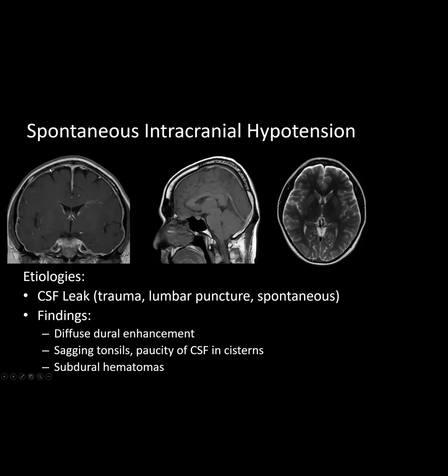So the diffuse pachymeningeal enhancement is something everyone could see. When you have a CSF leak from trauma, with rhinorrhea or otorrhea, or if you do an LP and you have a leak after inserting the needle, the amount of intracranial CSF will go down, and you might see narrow ventricles, sagging tonsils, and a paucity of CSF within the subarachnoid spaces in the basilar cistern.